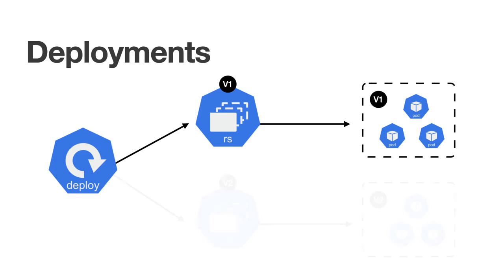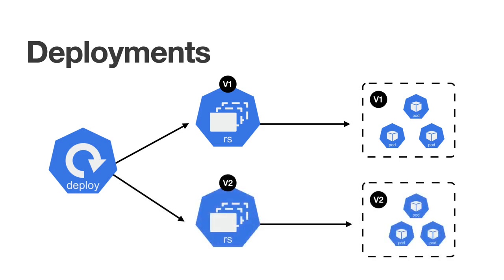It will give you another replica set with the new version, version 2, and then you have version 2 of your application running alongside version 1, and then you'll have a software release for free. So Kubernetes will manage all of that. And then once everything is looking good on version 2, you'll have no traffic going to version 1 of your application.